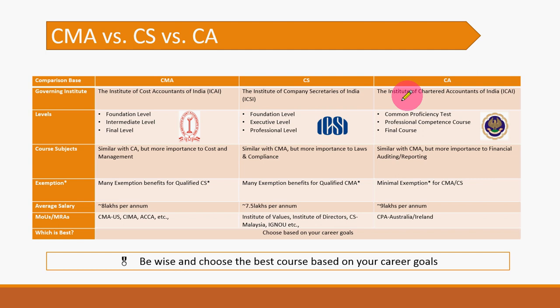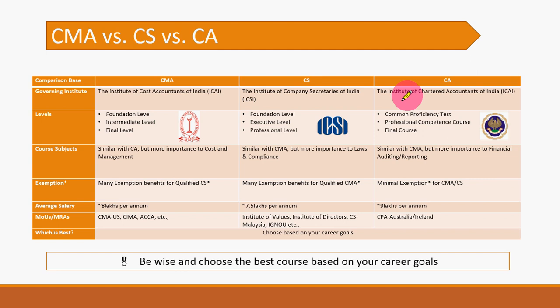The CS covers similar subjects, I can say almost 70 to 80% of the subjects match with the cost and management accountancy course. But in this course, more importance is given to laws and compliance because those are related to company secretaries.